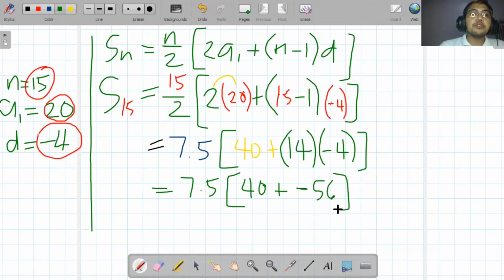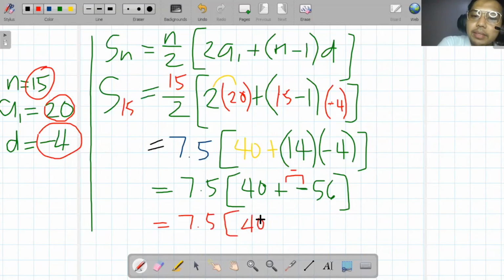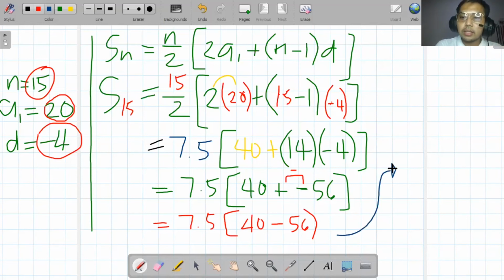And then don't forget that plus and negative, or plus and minus kung magtapad, that changed into negative. So if we do simplify this one, this is 7.5 times 40, and then positive and negative becomes negative, and then this is 56. Okay, so subtract or simplify first what's inside the parenthesis again.